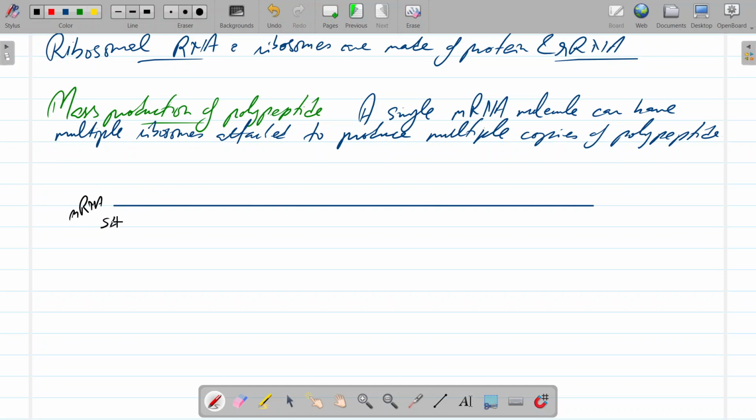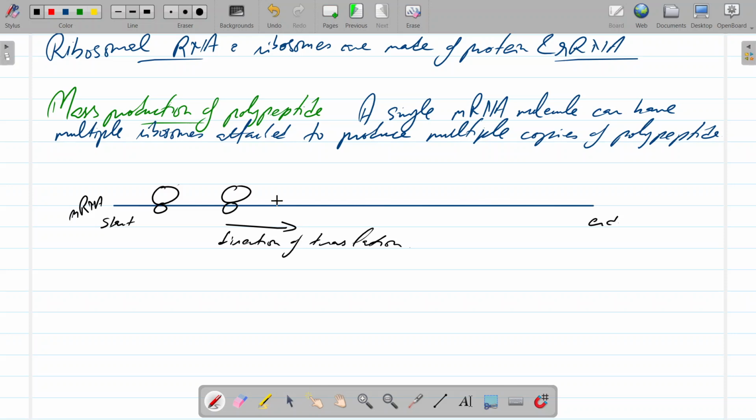It's starting from here, it's stopping over here, so that's the end. And obviously this is the direction of translation. And so what you will notice is that you've got ribosomes, that's the large subunit, that's the small subunit. It doesn't exactly look like that, but anyway, right?